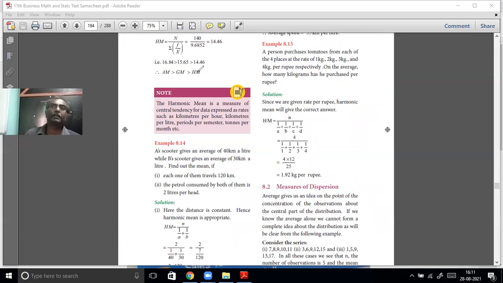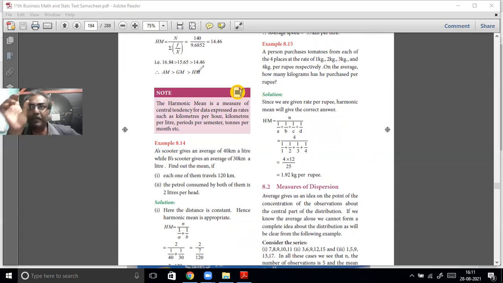We have also finished quartiles, deciles, and percentiles, which are also measures of central tendency. But these are positional measures. Quartile, decile, and percentile are positional measures of central tendency because they are like the median.